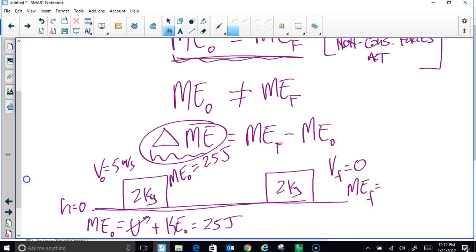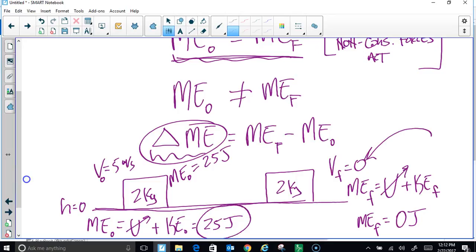Certainly they're not, because the darn thing stopped and it didn't go up or down, and that's because this non-conservative force acts. The final mechanical energy, once again, there's no potential, because it didn't go up or down, is all in the form of the final kinetic energy, which, if it stopped, would be 0. So in this simplified example, we started out with 25 joules of mechanical energy, and we ended with 0 joules.